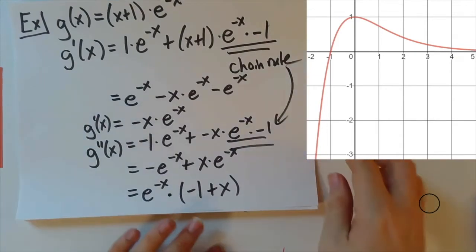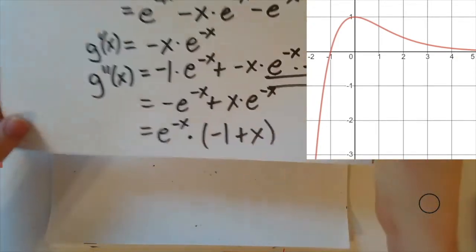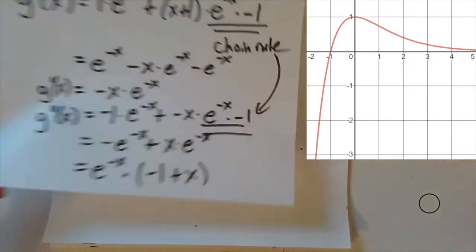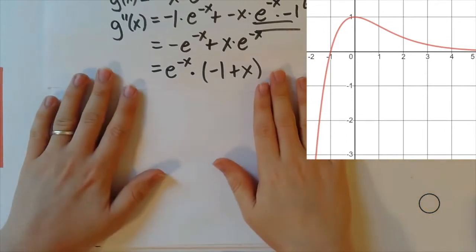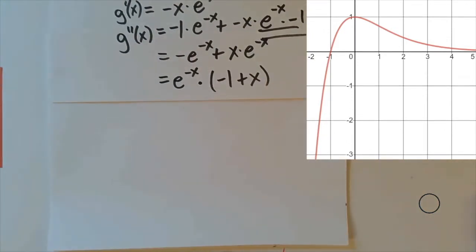And now we want to figure out where this function is concave up, where it is concave down, and where it changes concavity. And here's where things are going to work out very much like what we did with the first derivative test.